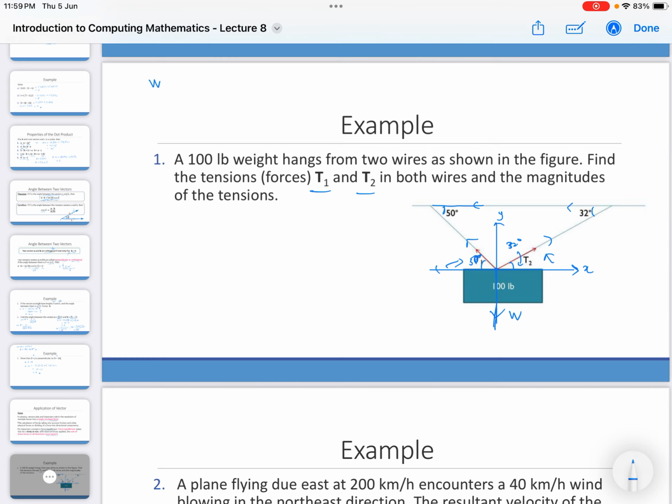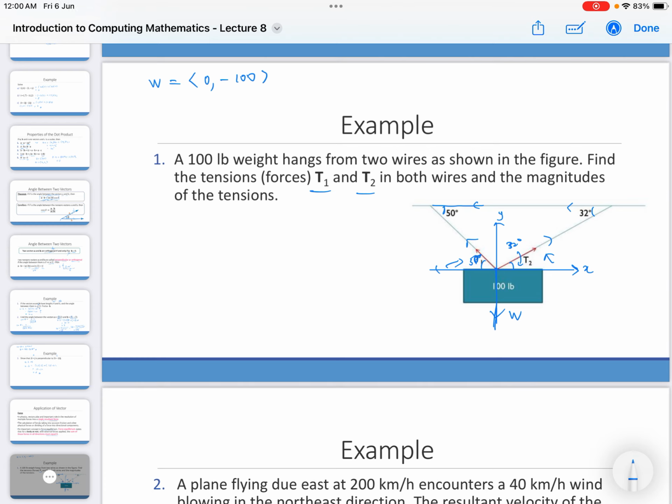So we can write the components of W. The x component, or the horizontal component, will be 0, and the y component will be negative 100 because it's pointing towards the negative y direction.